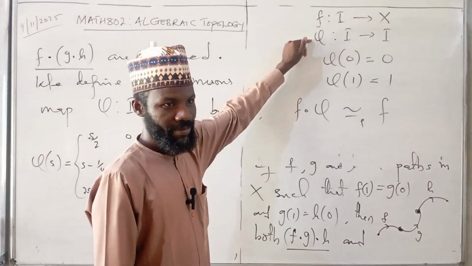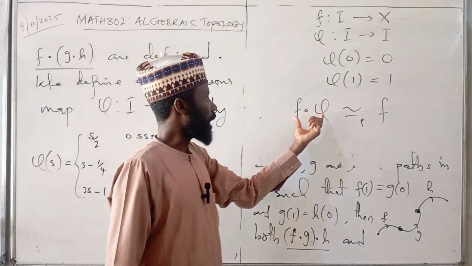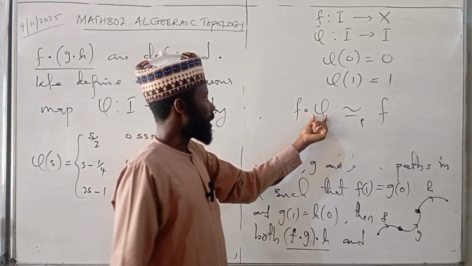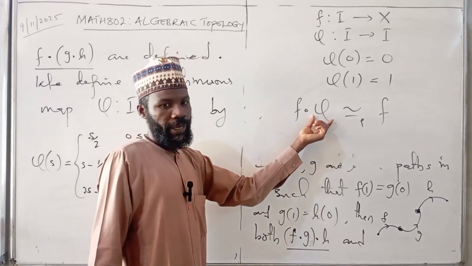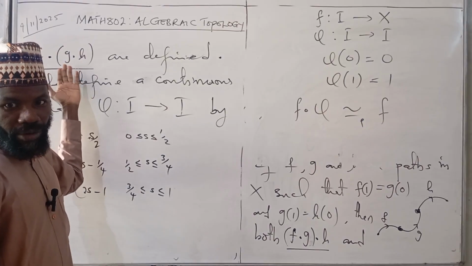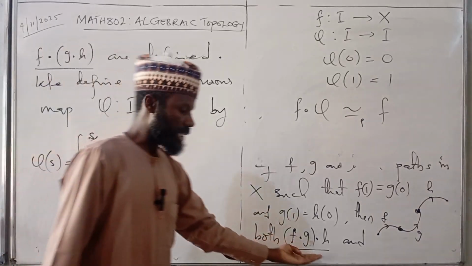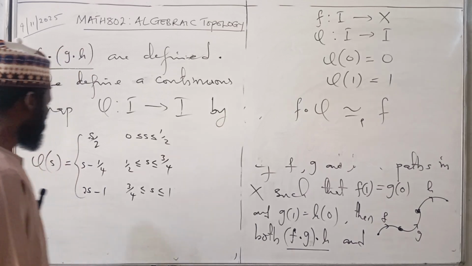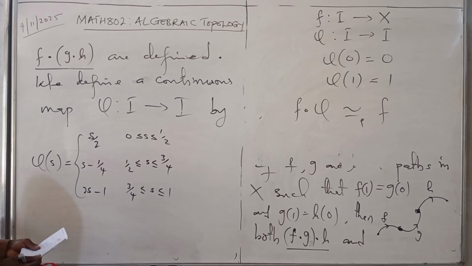Define that mapping from I to I satisfying this condition and show that the composition of your path with this mapping is equal to your other. So if I compose this with phi, I get this particular composite here, which is a path. Then this path is a reparameterization of this, and so therefore they are path homotopic. So this is what we are going to do. I'm trying to construct that map. Okay? So how do you construct it?